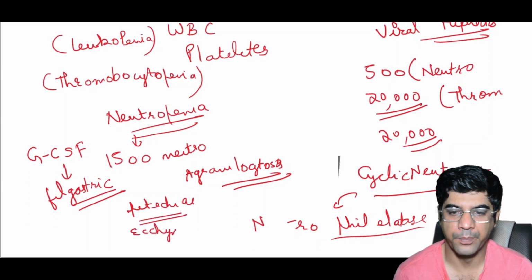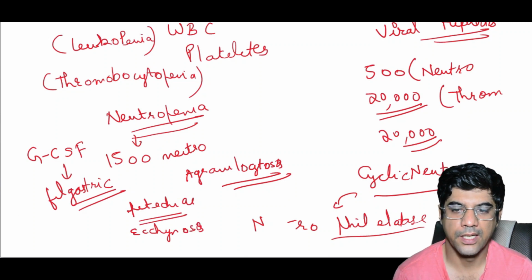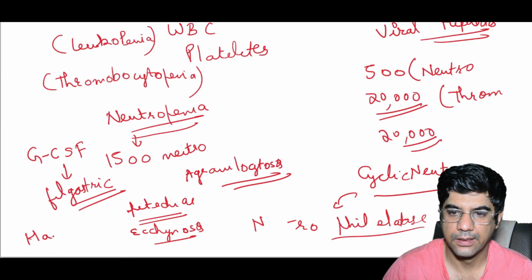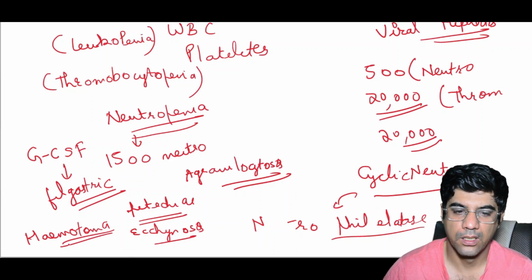So there would be impaired clot formation that would lead to petechiae, pinpoint hemorrhagic lesions, ecchymosis, bruises, and hematoma, that is a localized collection of blood.